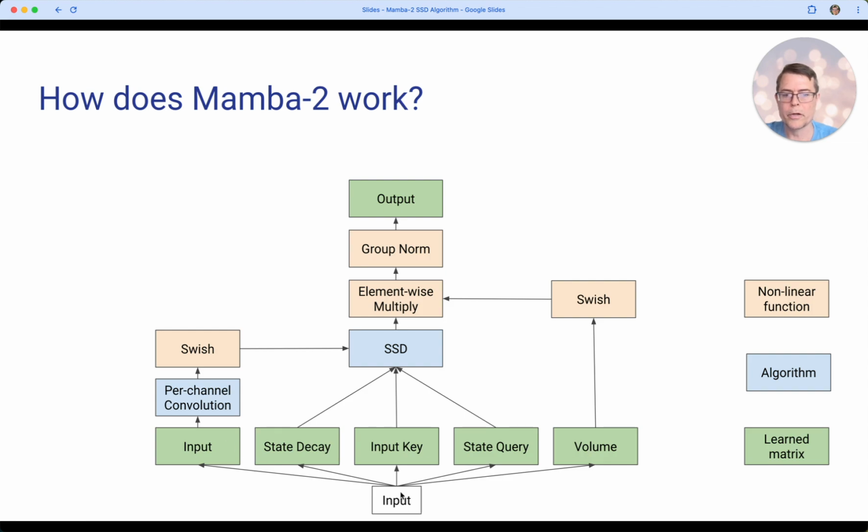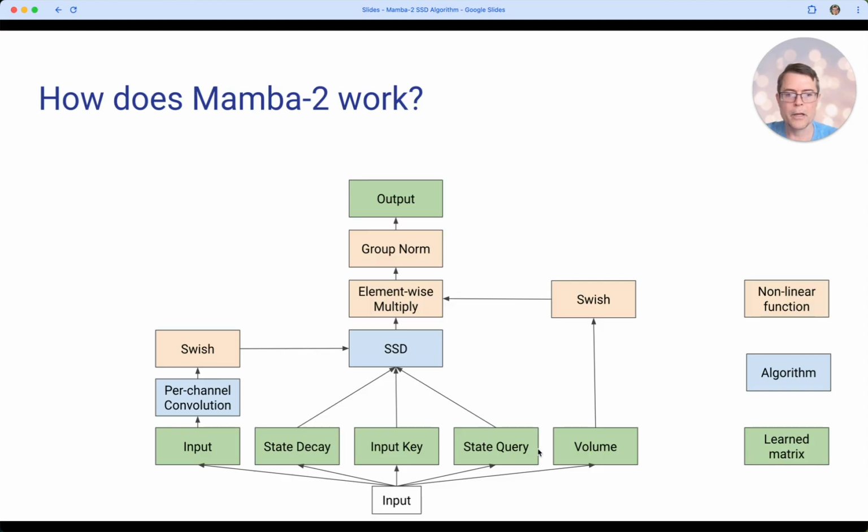The way this works is you start with an input, say an input token, and then you multiply that by a learned matrix, and that produces the transformed input token, which goes into the algorithm. So you've got a sequence of input tokens in a higher dimensional space.